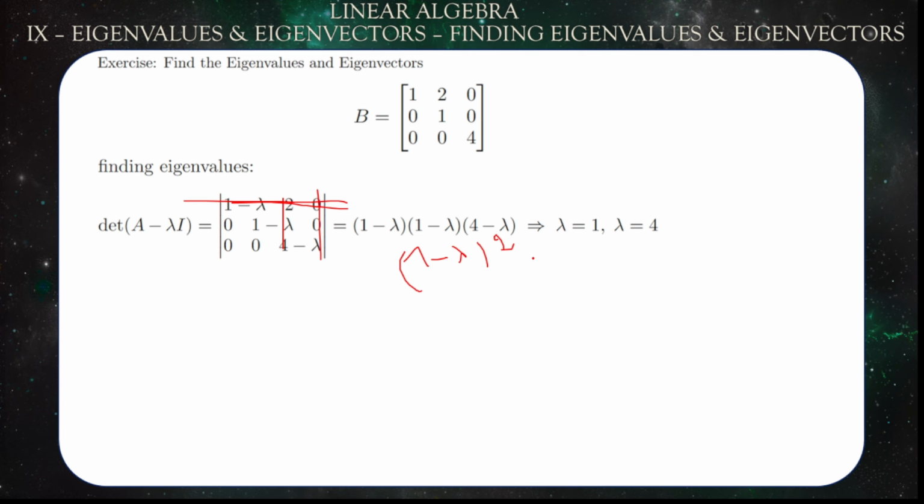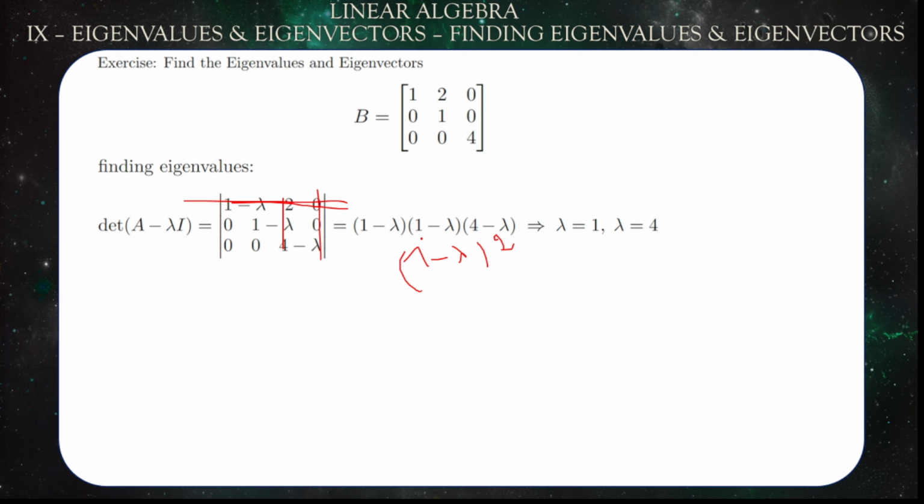You notice here, this is the algebraic multiplicity of this lambda, and it's equal to 2, not 1. The algebraic multiplicity determines how many times the same root is repeated.